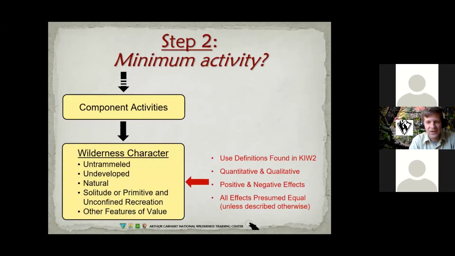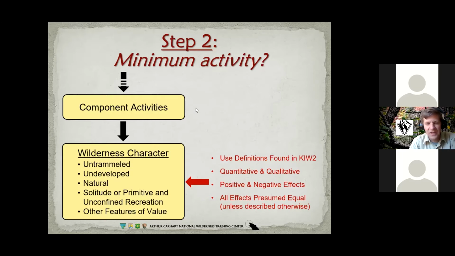And again, for each one of your alternatives, you're going to address the impacts to the different qualities of wilderness character. And these are both quantitative and qualitative. So there's a positive and a negative, as well as a numerical score in the MRDG. We'll talk a little bit more, and we'll show you in the example as well.